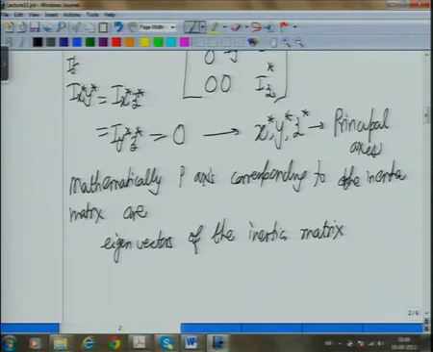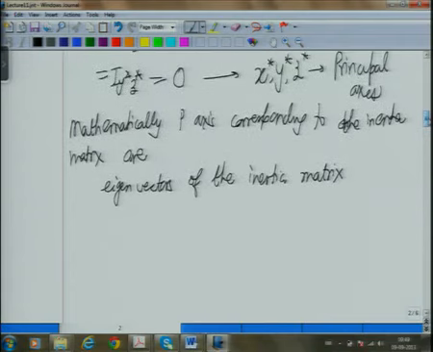Okay. Now, this I have stated without proving. I will not go into the proof of this. I will just state this, that eigenvectors of the inertia matrix are the principal axes.